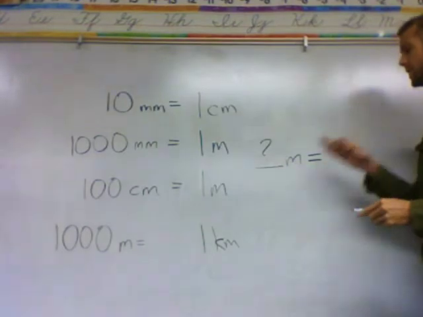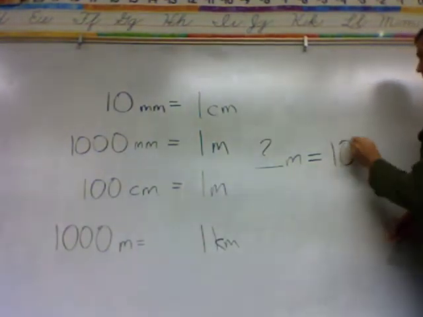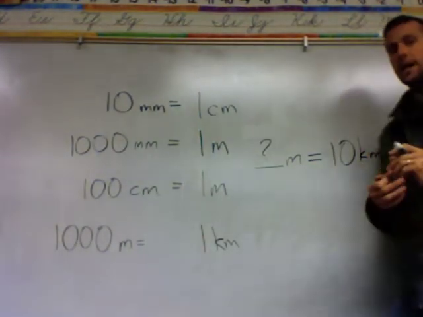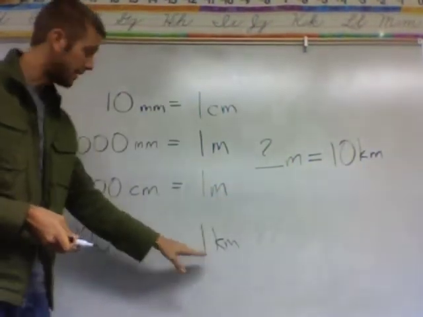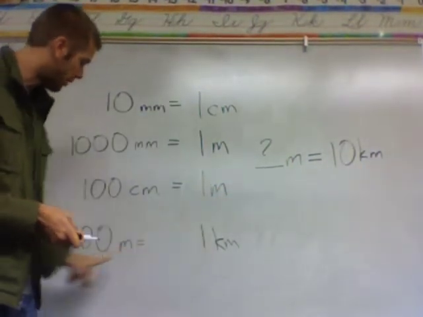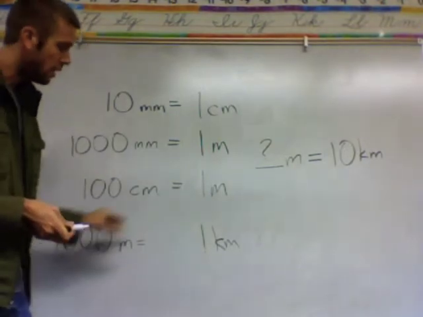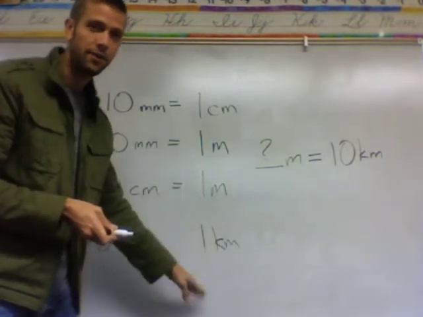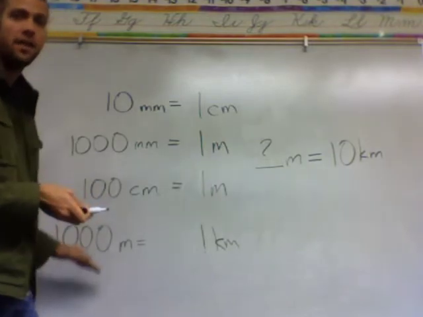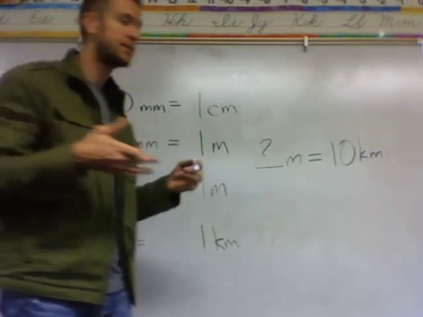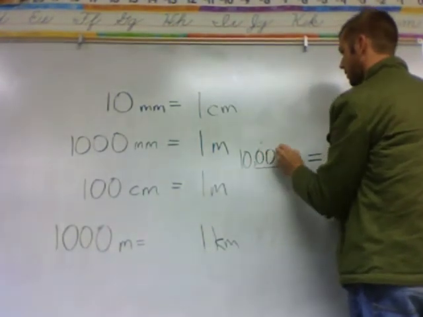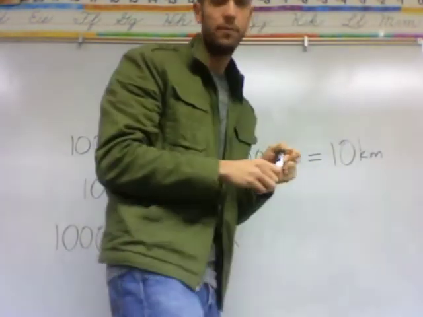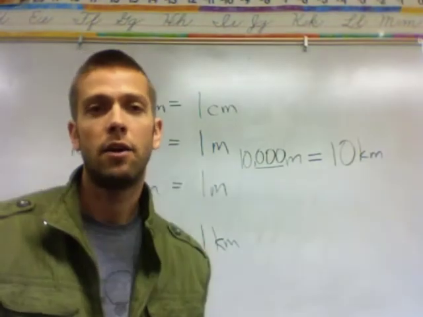How many meters is a 10 kilometer race? Now think about it. 10 of those? That's a lot, right? 1 kilometer is 1,000 meters. So 10 kilometers would be 10,000 meters, 10 times as much. So it is 10,000 meters.